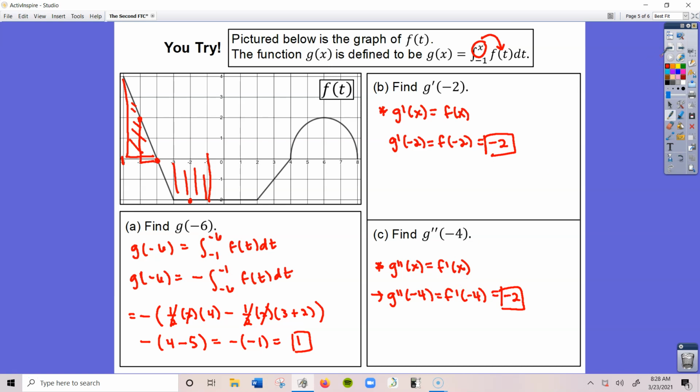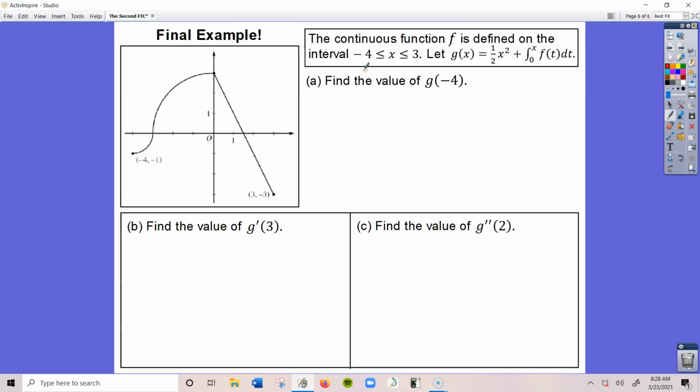Let's do one more final example. The continuous function f is defined on the interval from -4 to 3. Let g of x equal 1/2 of x squared plus the integral from 0 to x of f of t dt. So this here, this is f of t, since it's stated here in the function.